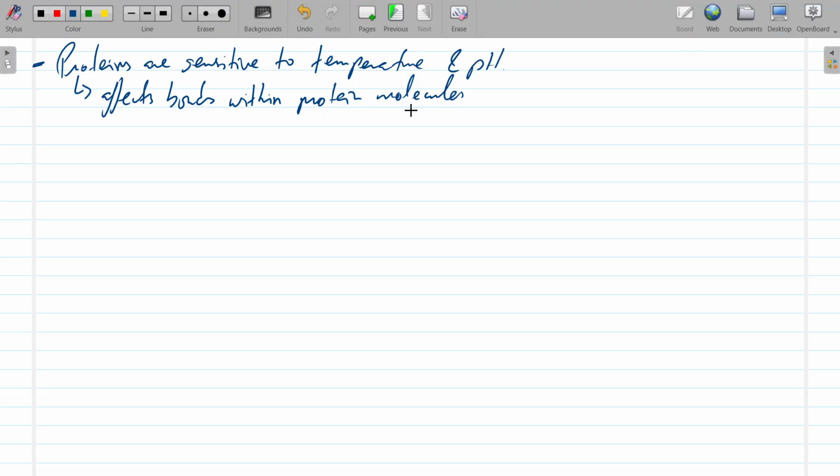So if the temperature changes too much, and we'll look at this more in the next chapter, which is about enzymes. But if there's a slight change, proteins have an optimum pH and temperature range at which they work. So a slight change will affect their activity and efficiency.